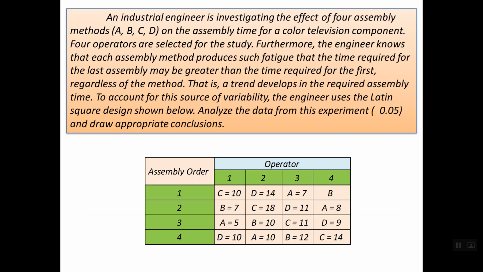This is our question here. An industrial engineer is investigating the effect of 4 assembly methods, denoted by letters A, B, C, and D, on the assembly time for a color television components.